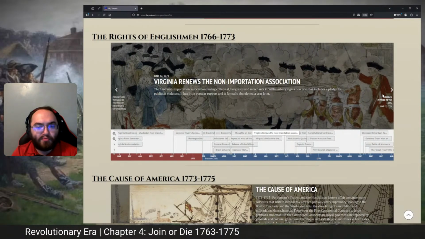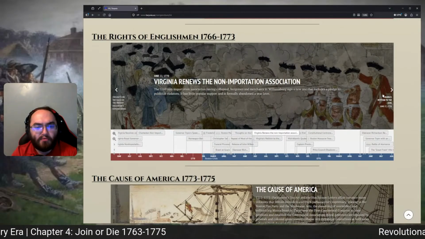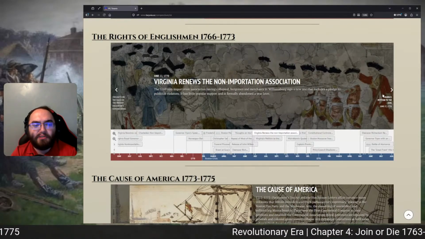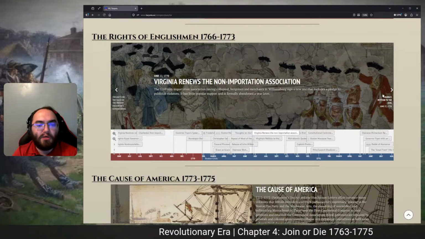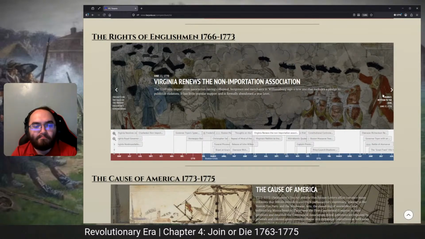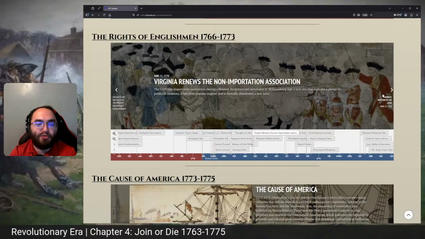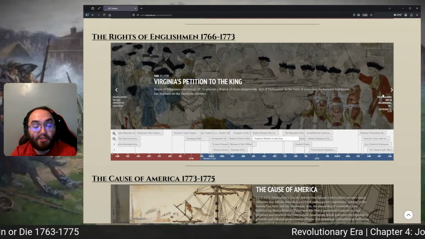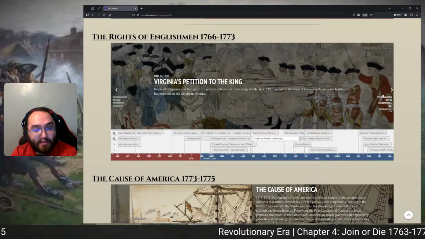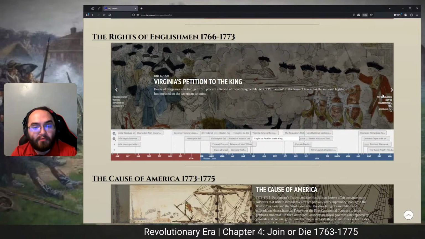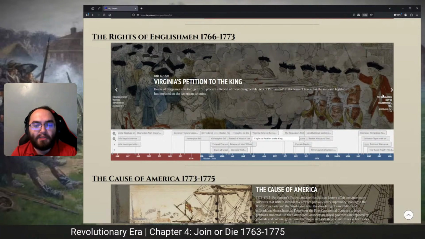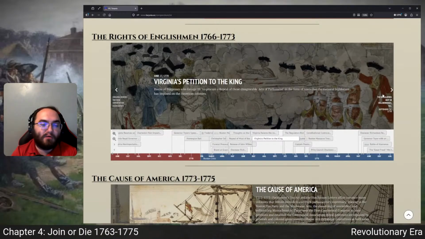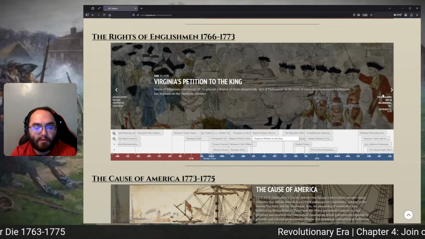Again, the non-importation agreements are for a year, and have to be renewed, and so this is just the renewal of the Non-Importation Association of Virginia. Virginia will send a petition to the king to procure a repeal of those disagreeable acts of Parliament in the form of taxes that the national legislature has imposed on the American colonies, that is Parliament.